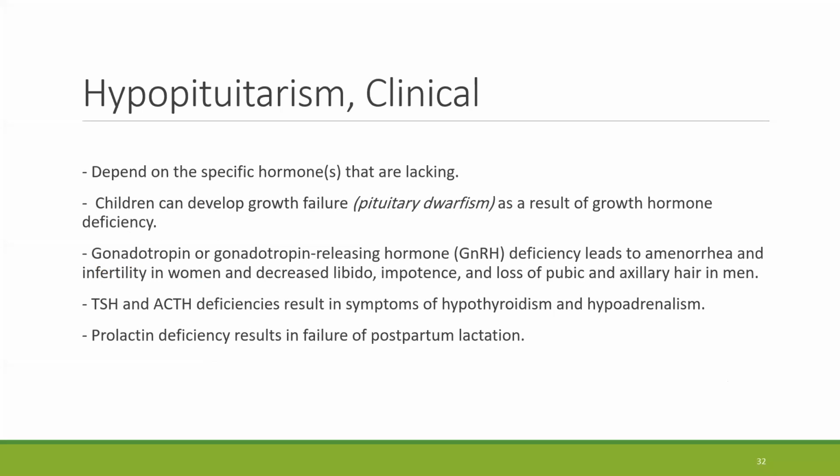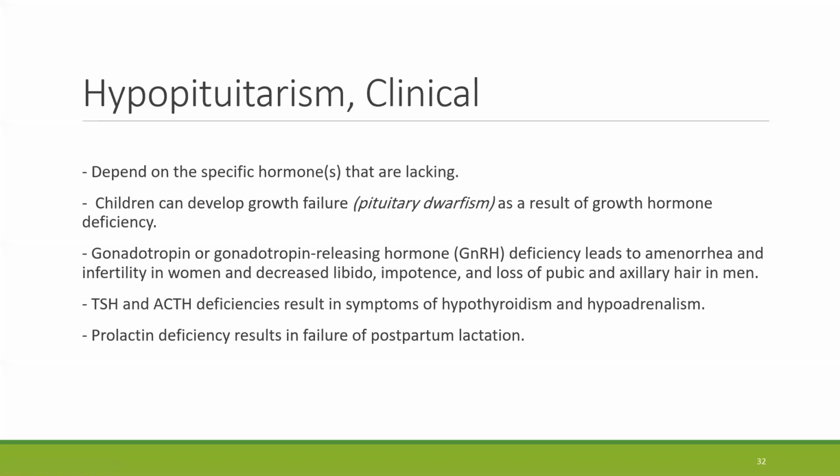The clinical presentation depends on the specific hormone. Usually, if we have hypopituitarism at a young age, in childhood, we see pituitary dwarfism, which is really rare. Gonadotropin or gonadotropin releasing hormone deficiency leads to amenorrhea.